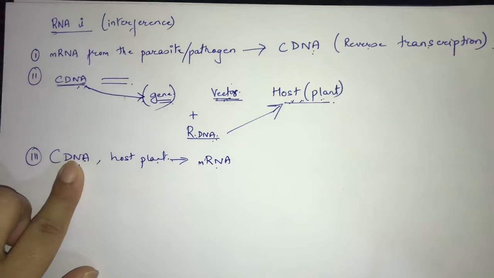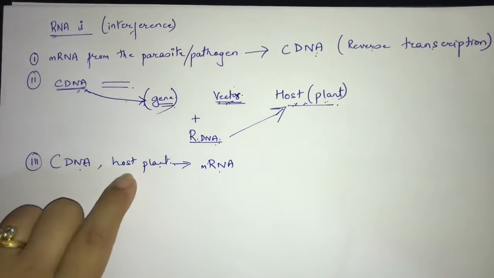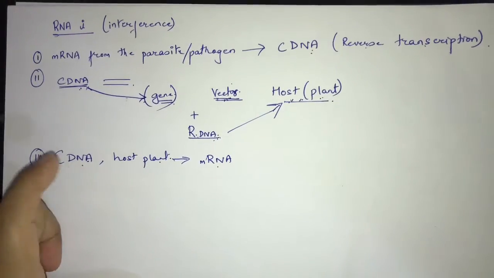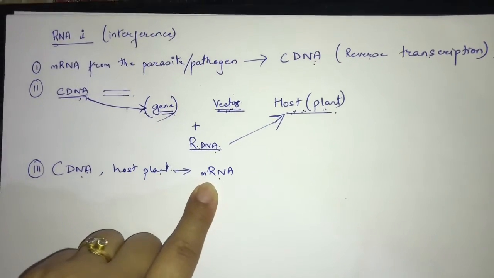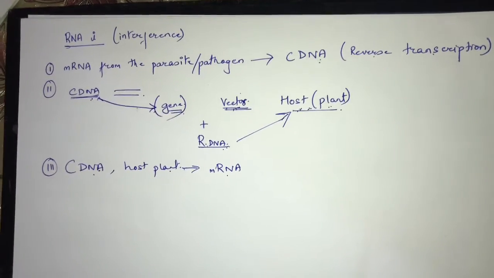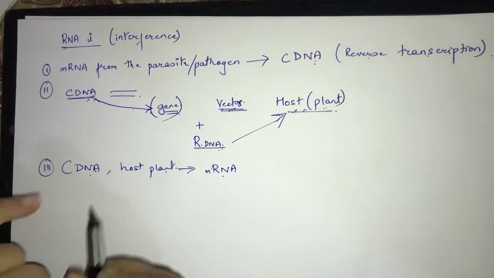When this DNA is expressing inside the host plant, that means DNA is active. So when DNA is active, it first forms mRNA, and from mRNA it gets converted into protein. So cDNA will be expressed.